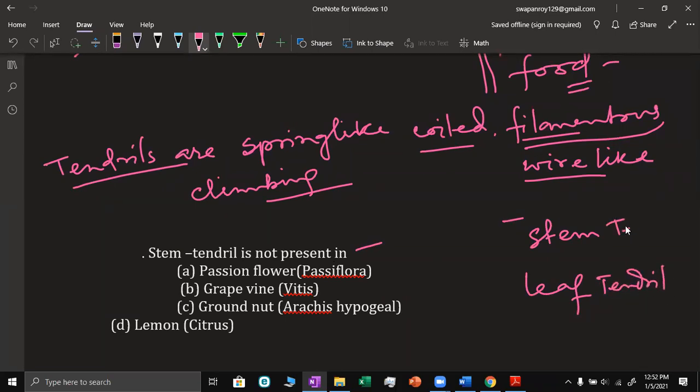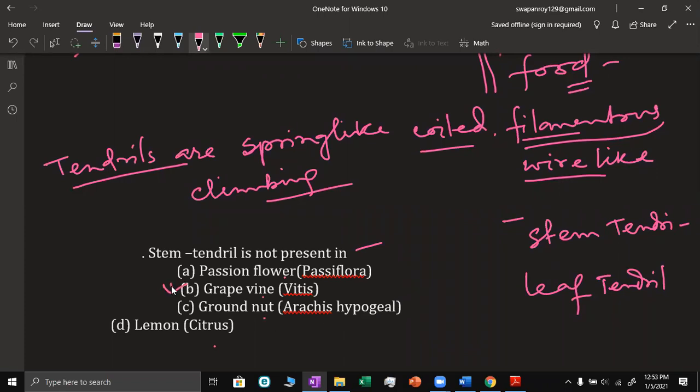A stem tendril is present in which one? Passion flower, grapevine, groundnut, lemon. Which one? Option D, sir.